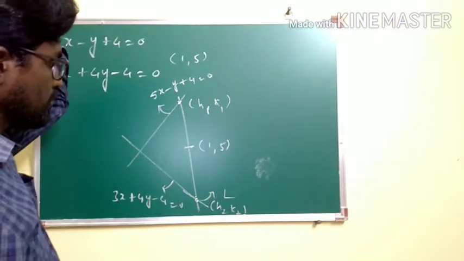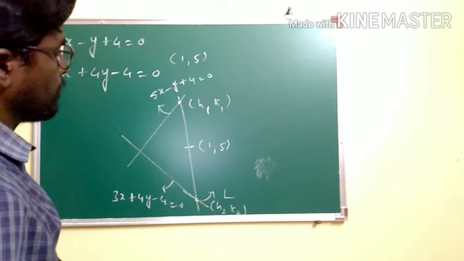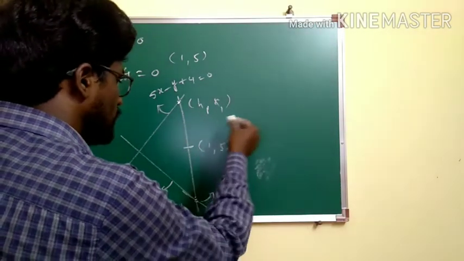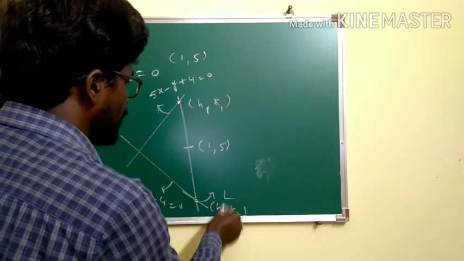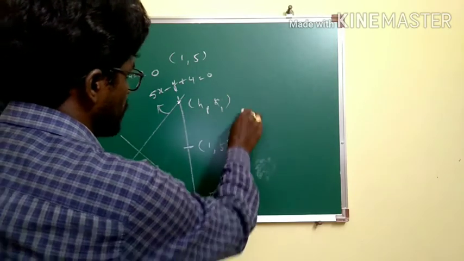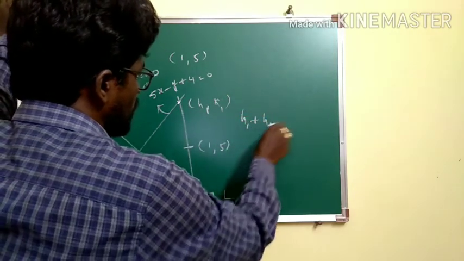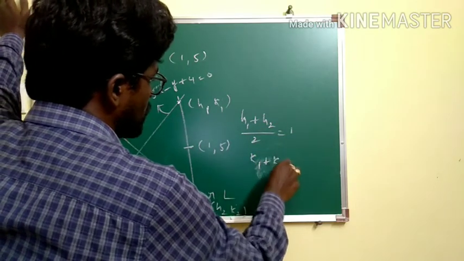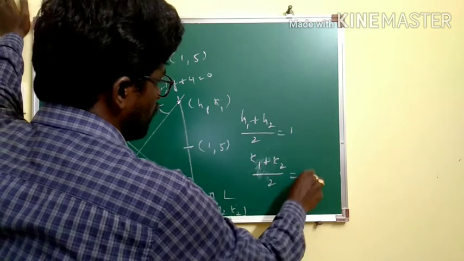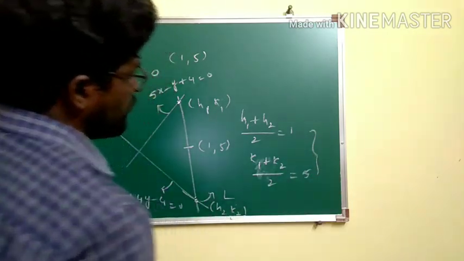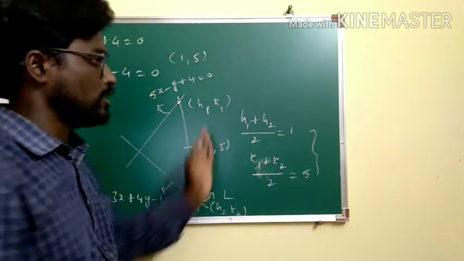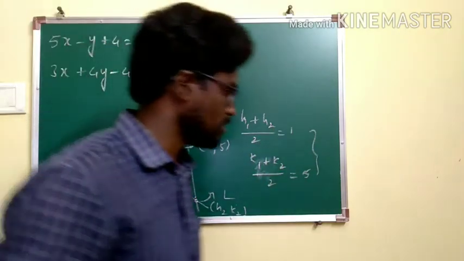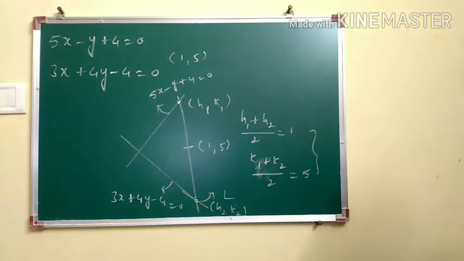Bisected, it is said, means (1, 5) is nothing but the sum of the x coordinates by 2 and the sum of the y coordinates by 2. What is the sum of the x coordinates? (h1 plus h2) by 2 is equal to 1. (k1 plus k2) by 2 is equal to 5. On solving, we get h1 plus h2 is equal to 2, and k1 plus k2 is equal to 10.